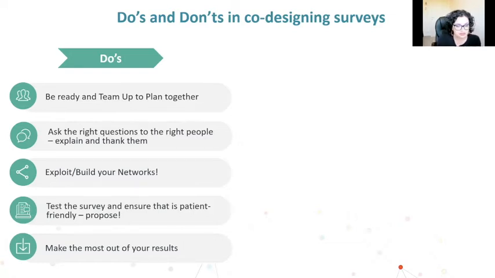There are initiatives in our ERN or in other ERNs that you can take advantage of. This is also a way of making sure that your results are used and taken on board at every level.